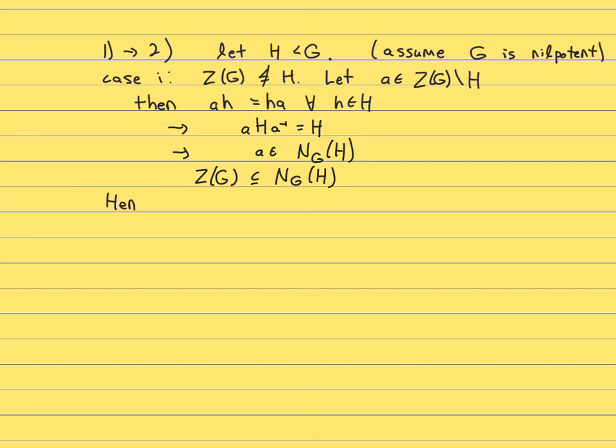That part's actually true in general, but the fact that this element is in the center but not in the subgroup tells us that we certainly have H as a proper subgroup of the smallest group containing H and the center, and that this is a subgroup of the normalizer because it contains H and it contains the center. And the reason why this is proper is because there is an element here that's not in H, namely a. And so in this case, H is a proper subgroup of its normalizer.